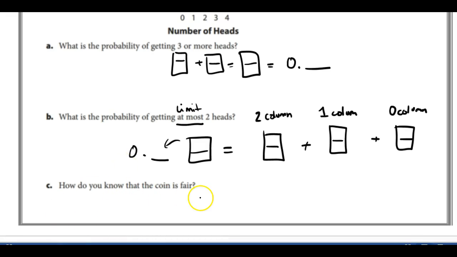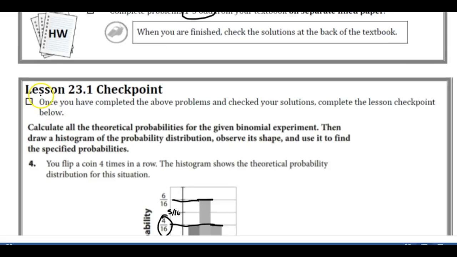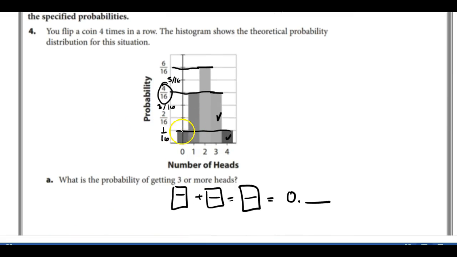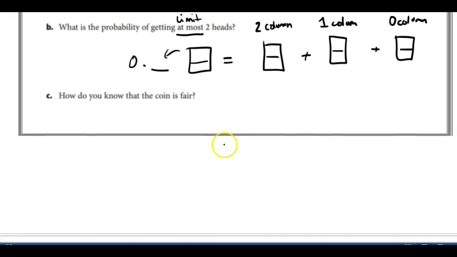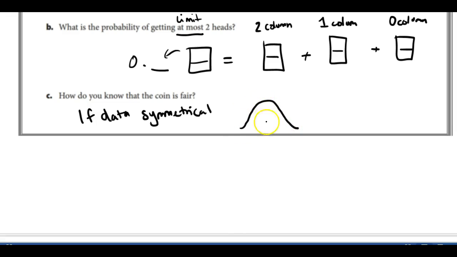Where it says, how do you know if the coin is fair? Looking at the data that we got here, my question to you is, is the data symmetrical or not? Just so you know what that means, essentially it looks like a bell curve, or a central mound, or normal distribution.